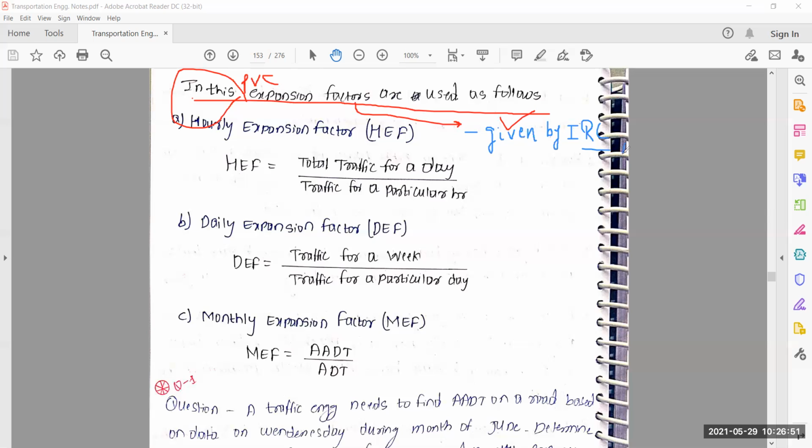These values are purely based on observation.